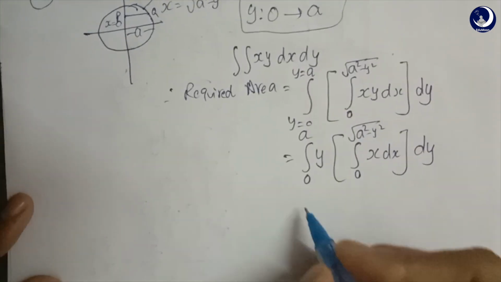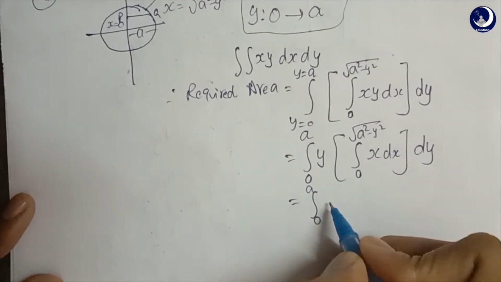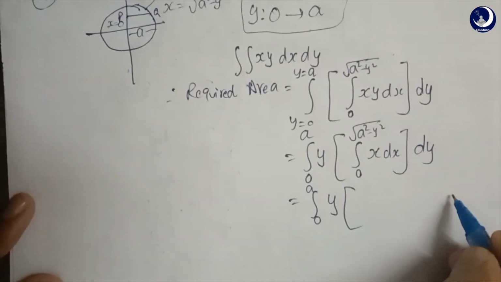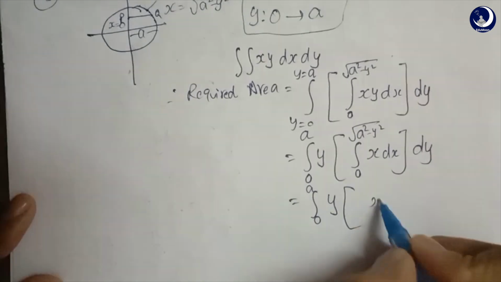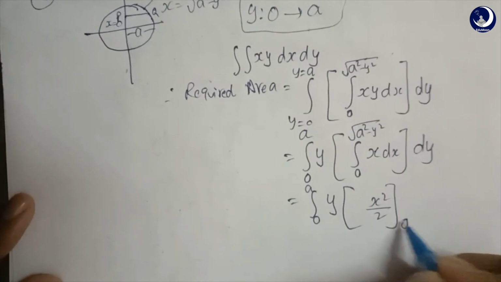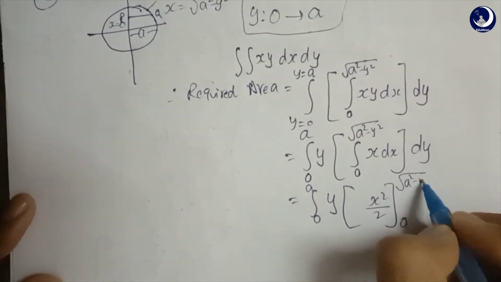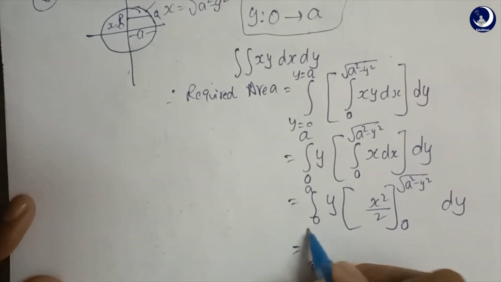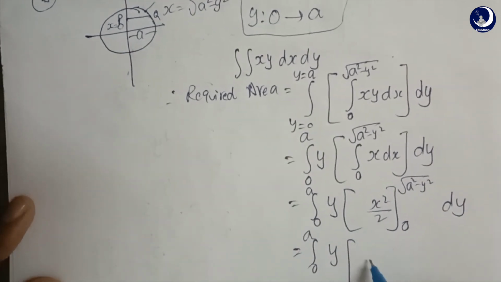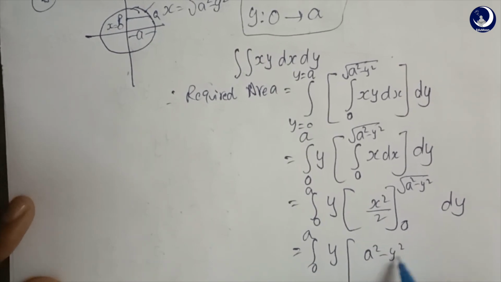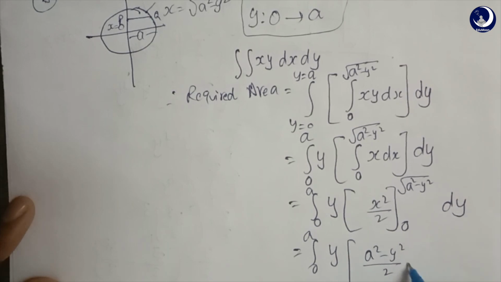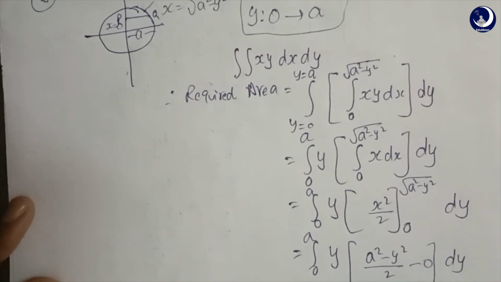By the formula, x power n plus 1 by n plus 1, we get x square by 2, 0 to root over a square minus y square, into dy. By solving this we get a square minus y square by 2, as the root cancels, minus 0, into dy.